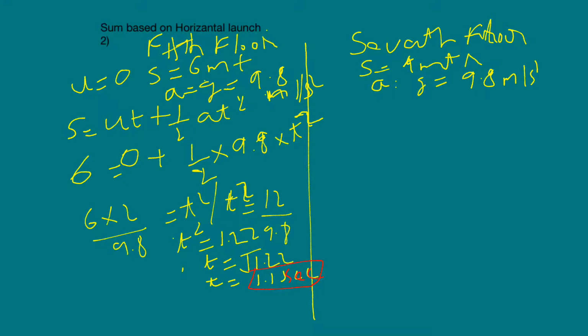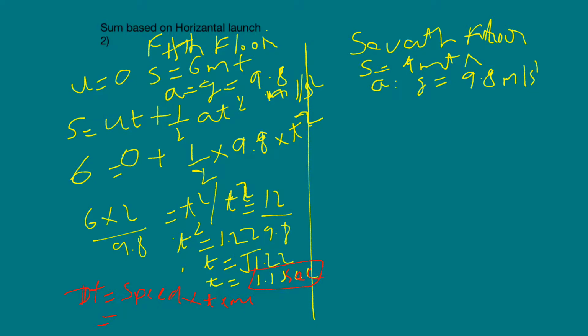So now we want to calculate this distance. Speed equals distance upon time, so distance equals speed into time. We will use this formula. Distance equals speed or velocity into time. We know the velocity very well.